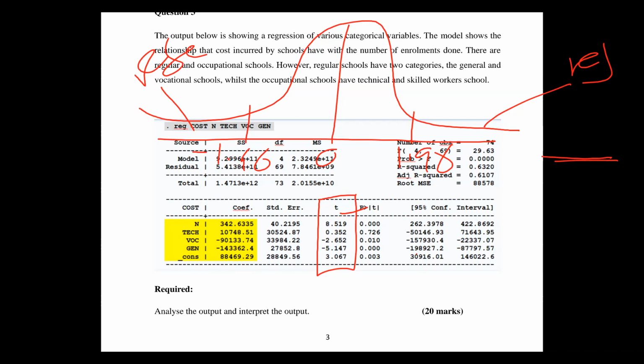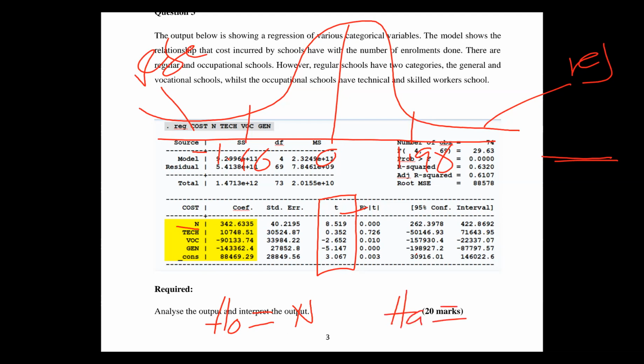Yes. The null hypothesis says that this variable N doesn't have an impact. In short, it is not significantly different from zero. That is the null. So the alternative is the opposite.